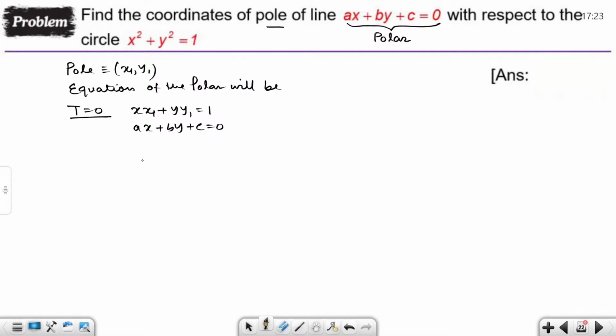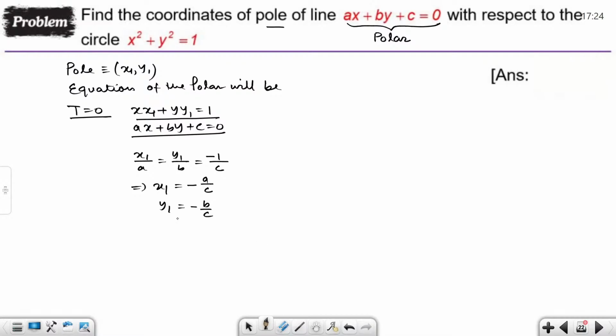So can we now compare, because these two lines represent the same straight line. Hence we can compare their coefficients to get x1 over a is y1 over b is minus 1 over c. So from here we are getting x1 is minus a over c and y1 is minus b over c.